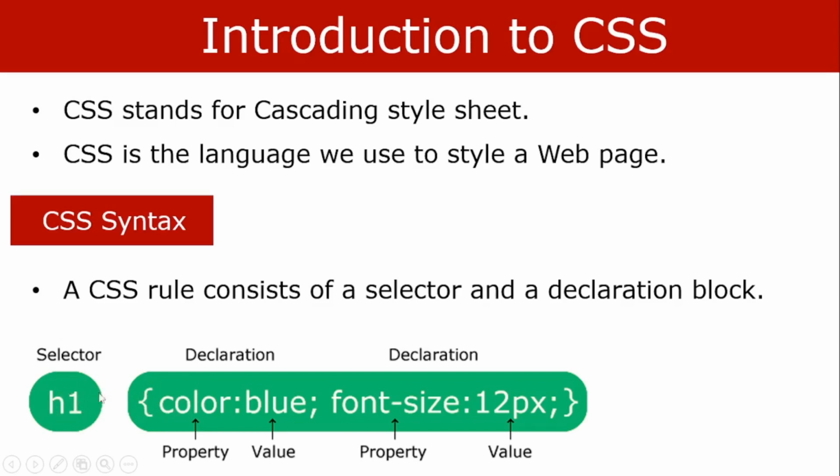You have a selector, and then you have the declaration block. A declaration block consists of a property like color, and then the value like blue. And then we also have font size as a property, and 12 pixels as a value.